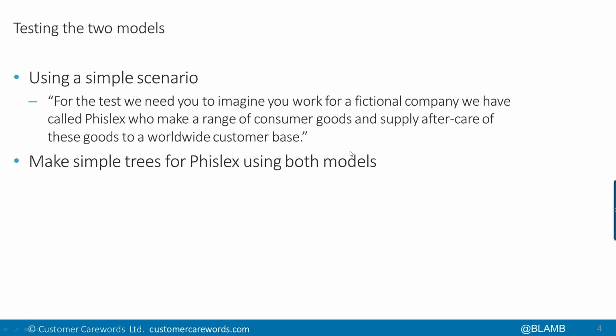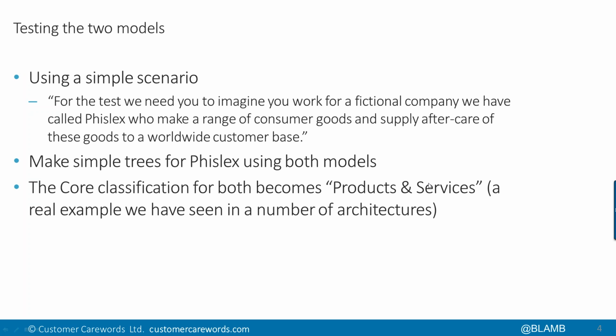We made simple navigational classification trees for Fislex using both the models. For the core classification, the classification that's unique to the company's context, we used products and services. This is a real example we've seen in a number of intranet architectures of companies like our fictional one, Fislex.